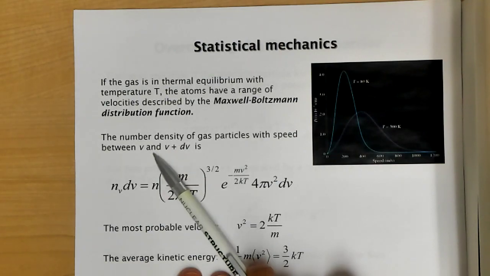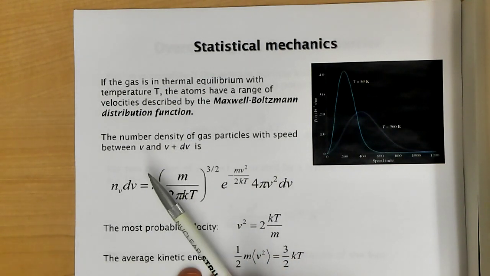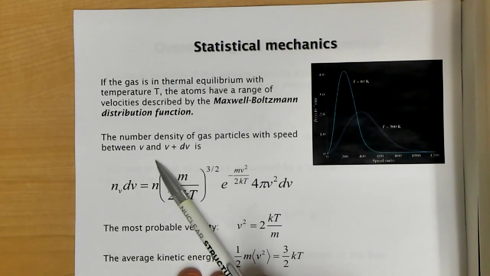That Maxwell-Boltzmann distribution tells you the number density of gas particles with a speed between v and v plus dv.